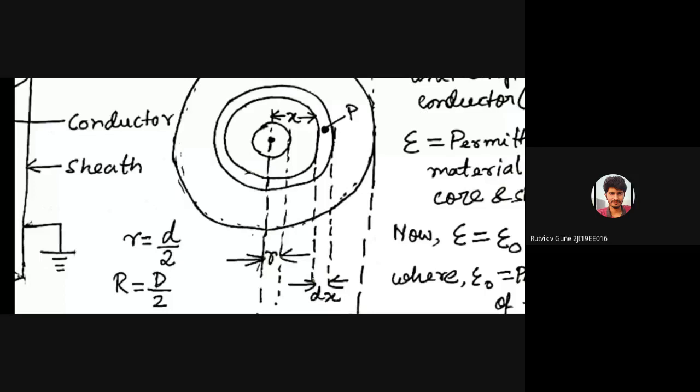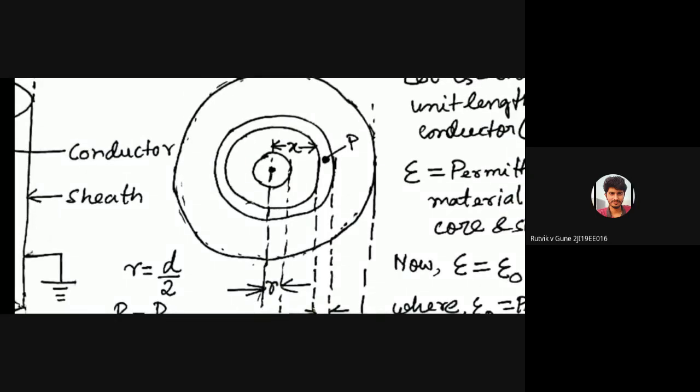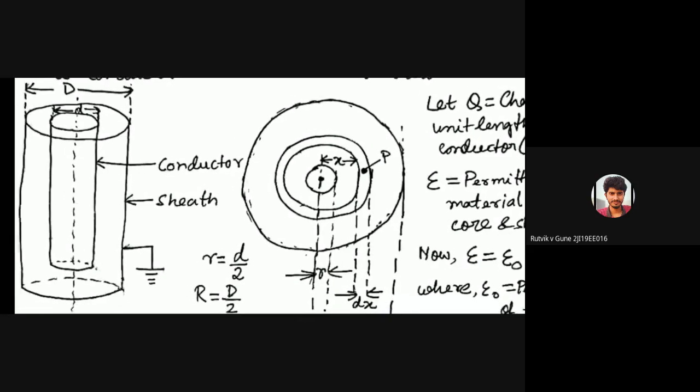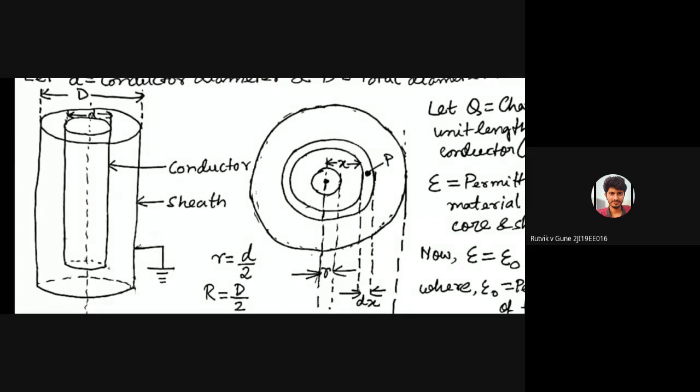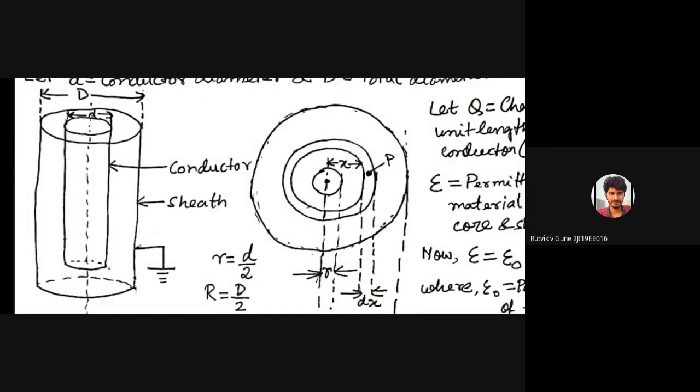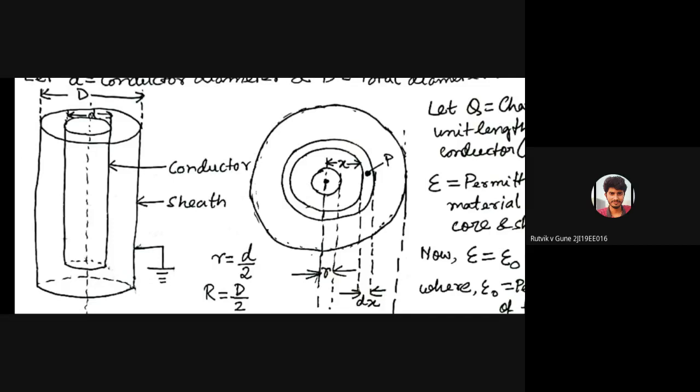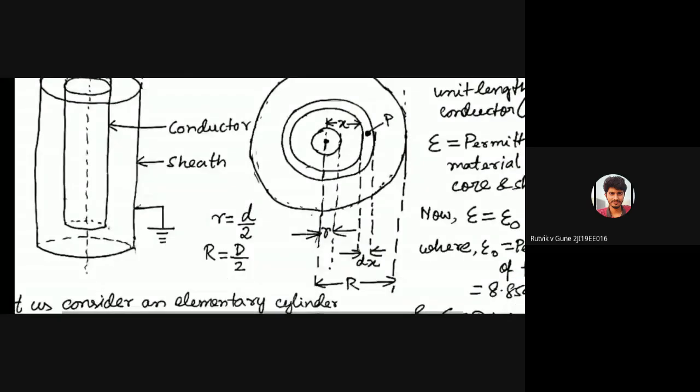So this is a single core cable which can be drawn like this, as coaxial cylinders, where the inner cylinder is the conductor and the outer cylinder is the lead sheath, which is at earth potential. Let small r be the radius of the inner core and capital R the radius of the outer sheath.